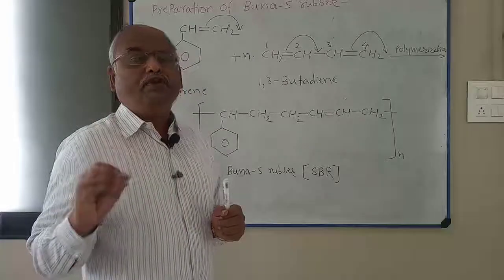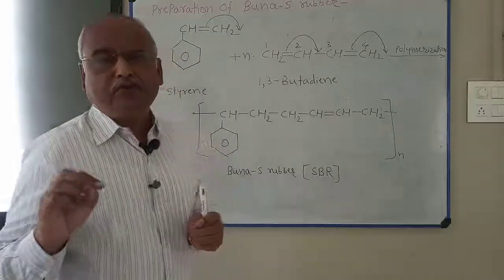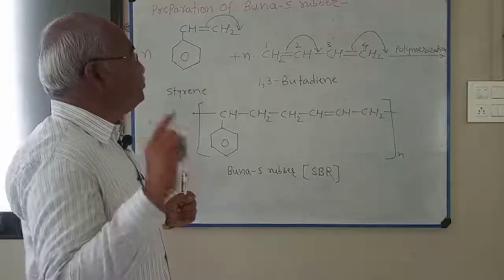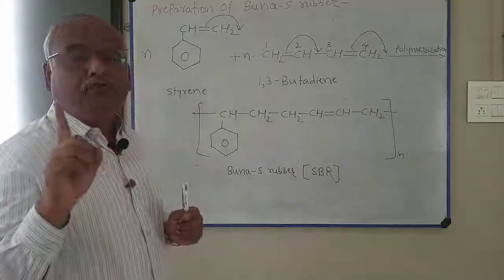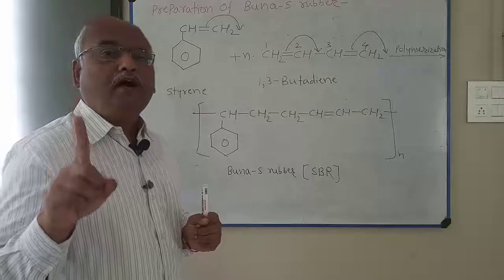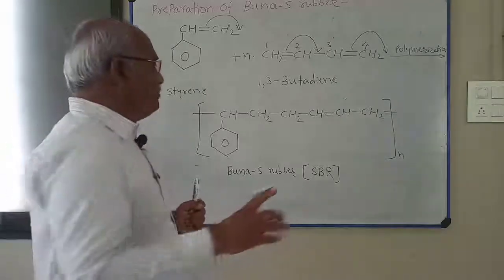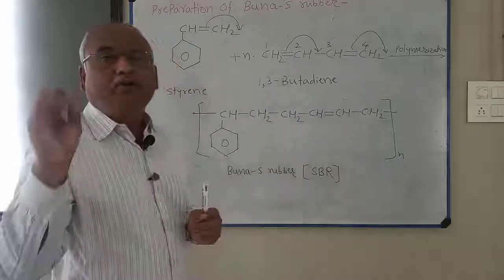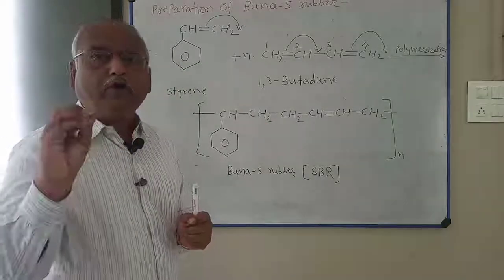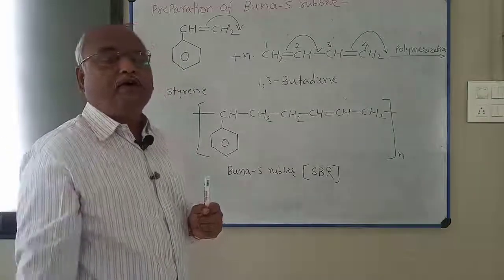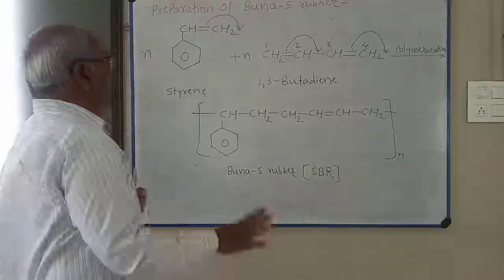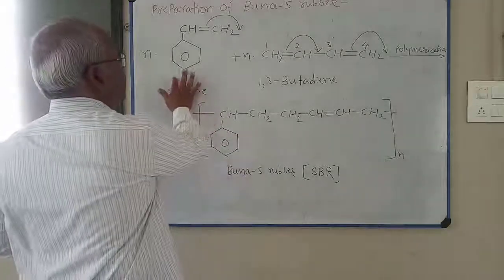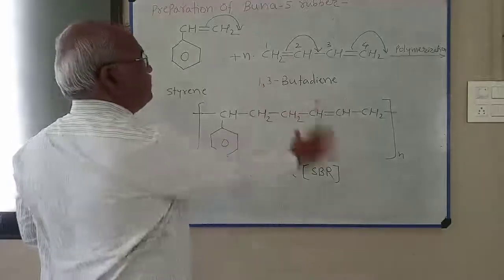Give the preparation of Buna S rubber. So remember, it is a copolymer or heteropolymer. The monomers used are styrene and 1,3-butadiene.